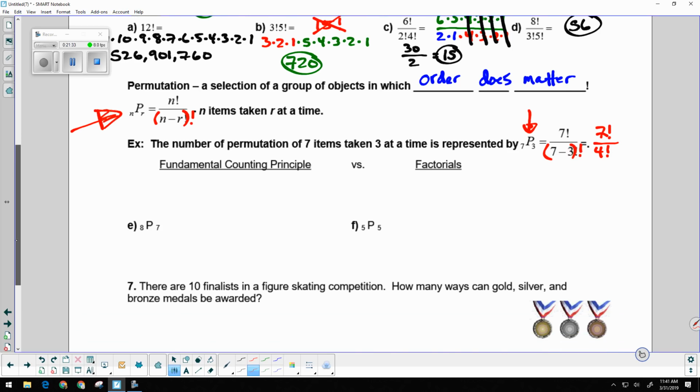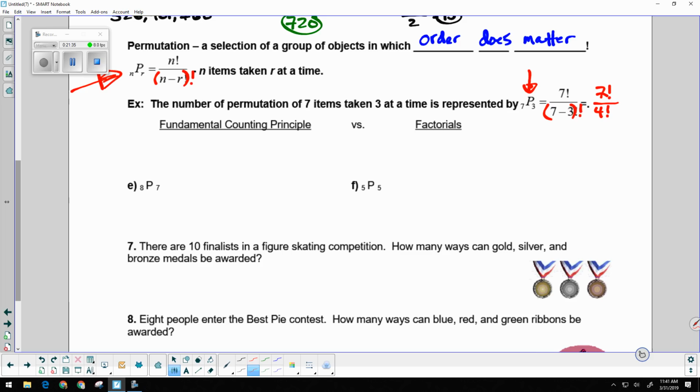In part E, I have 8 items taken 7 at a time using permutations. So let me write below this that 8 is our n and 7 is our r. We're going to use our formula, 8 factorial over (8 minus 7) factorial.